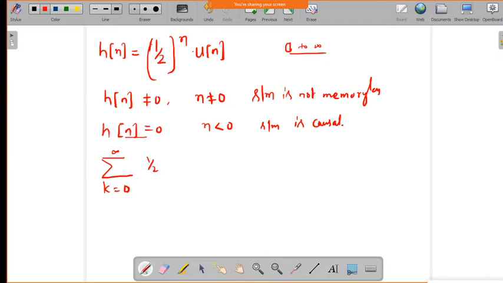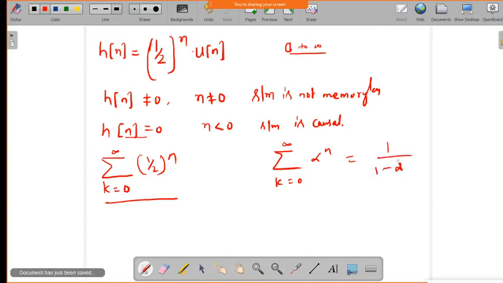Now, half power n. We know this equation which we have already expressed: whenever it has the form of summation k equal to 0 to infinity alpha power k, when alpha is less than 1, you will have 1 over 1 minus alpha, is it not? So this we have expressed already. In a similar way, summation k equal to 0 to infinity half power k, where half is your alpha.